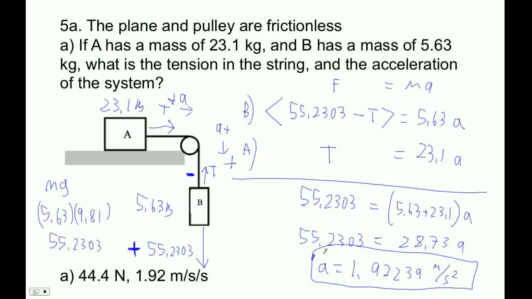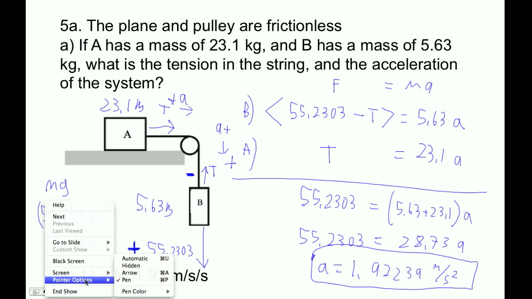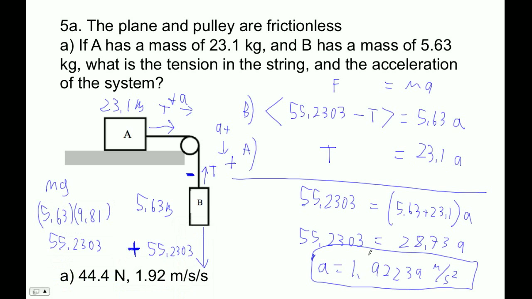Now, that's only part of it. We have to figure out what the tension is. So I'm going to plug back in here, just plugging this value in. T equals, look at that new color, 23.1 times 1.92239.